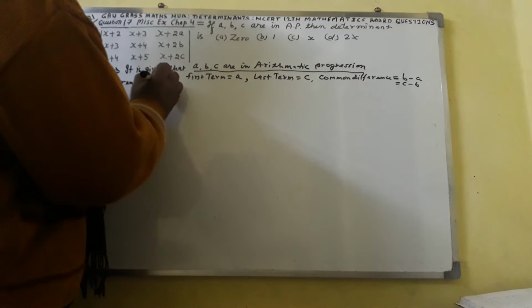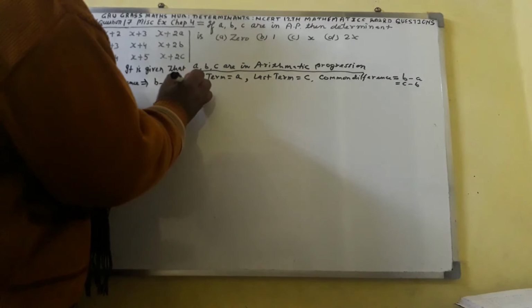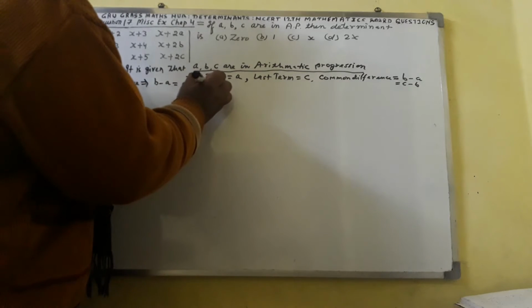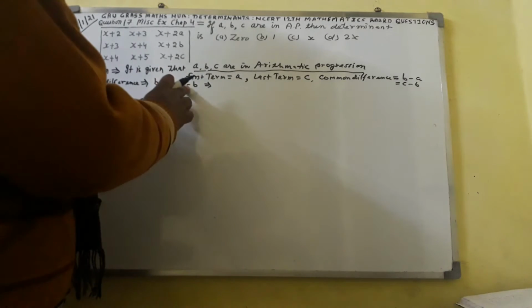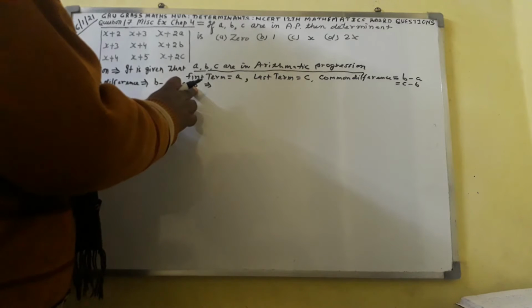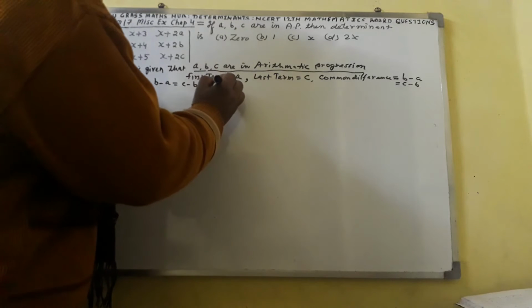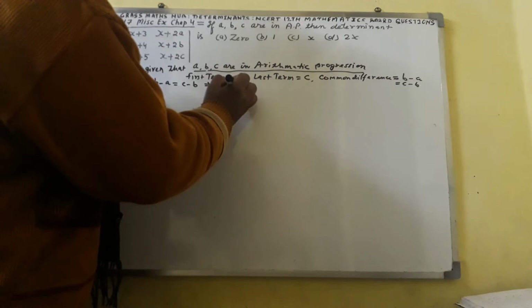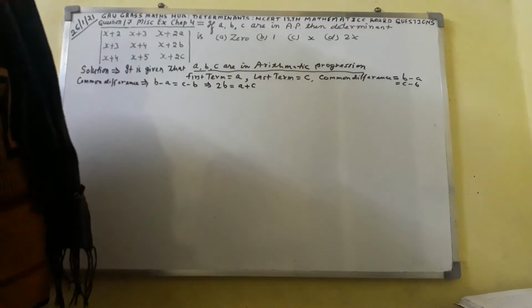Here you can see minus b is on the right-hand side. That will be moved to the left-hand side. It will become 2b equal to a plus c.